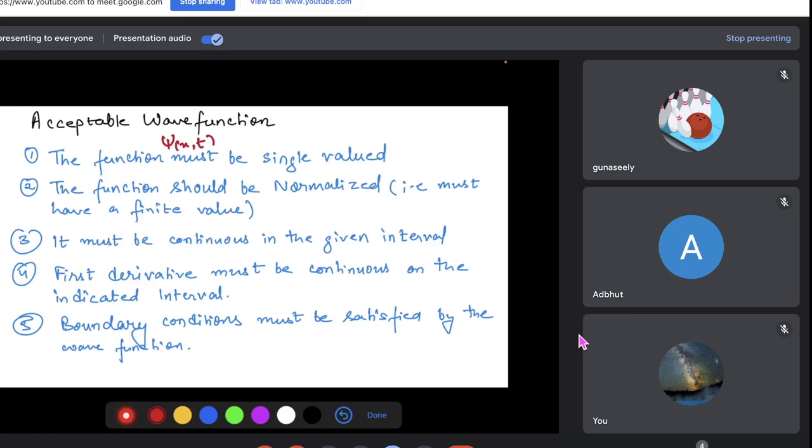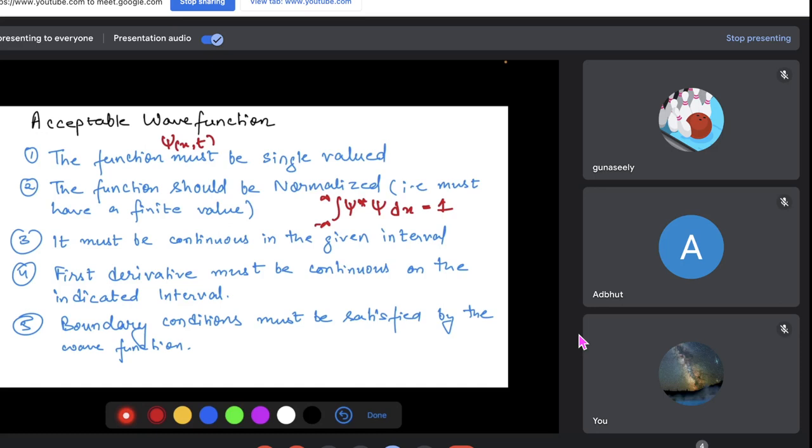Normalized means that the conjugate of psi, psi star multiplied with psi, should be equal to 1, integrated from minus infinity to infinity. That is, it must have a finite value, and by finite value I mean that psi(x,t) should have a single value at a particular x.